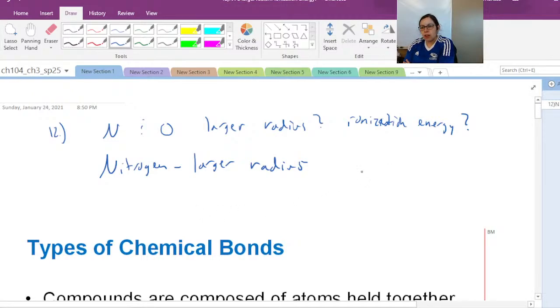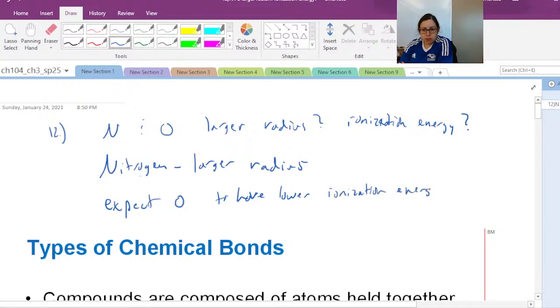Which one is the larger ionization energy? So we do expect oxygen. And so I'll say that. We expect oxygen to have lower ionization energy.